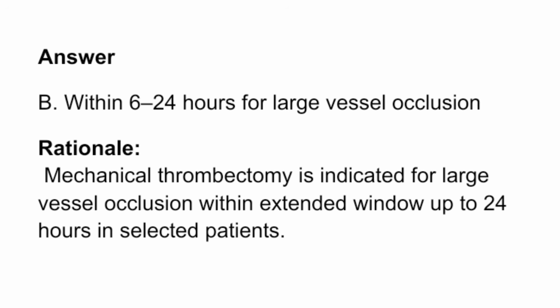The answer is B. Within 6 to 24 hours for large vessel occlusion. Mechanical thrombectomy is indicated for large vessel occlusion within an extended window up to 24 hours in selected patients.